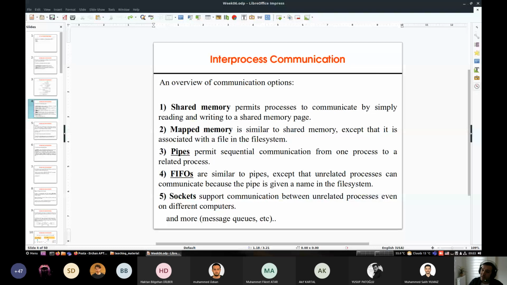That's the whole idea of shared memory. And once that is available, both processes can read and write to that common location.